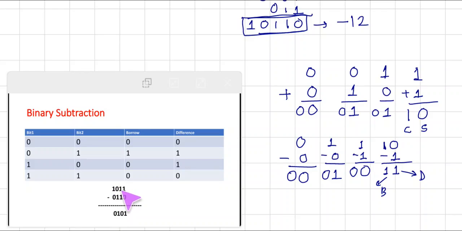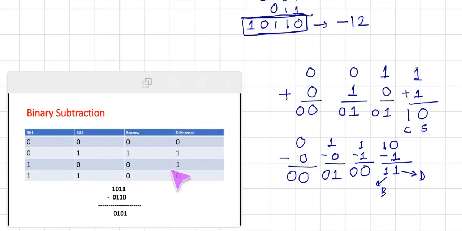That is 1, 2 and 8. 8 plus 2 is 10, 10 plus 1 is 11. 11 minus this number, it is 2 and 4. 11 minus 4 plus 2, that is 6. 11 minus 6 remains 5. Here you can observe that 4 plus 1 is equal to 5. This way we can subtract a binary number using these rules.